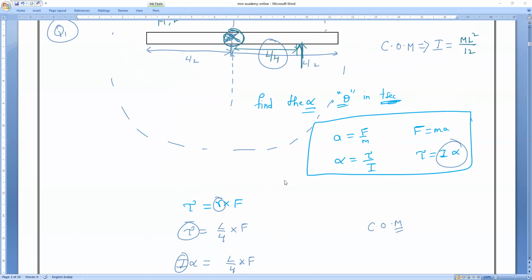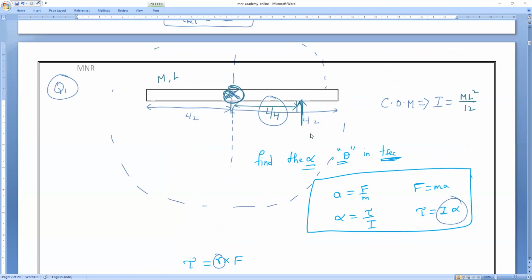Now we have to find one more thing. Angular acceleration is over. What else we have to find? Angular displacement. Now if you observe very carefully, the applied force is constant. I applied the same amount of force.